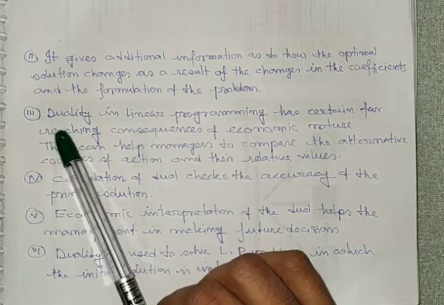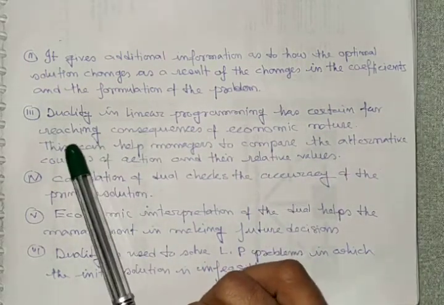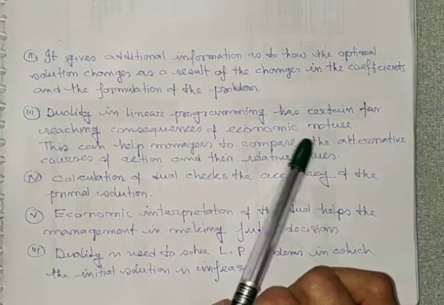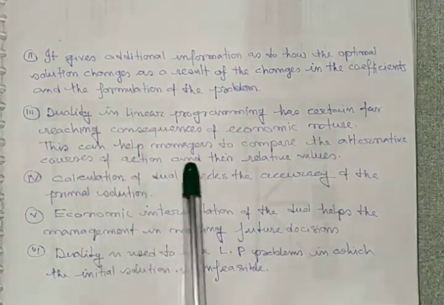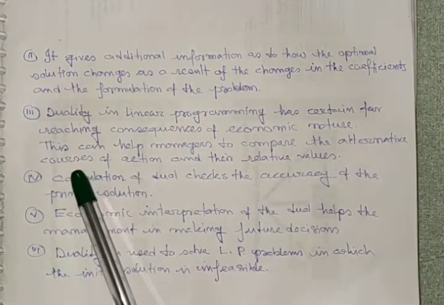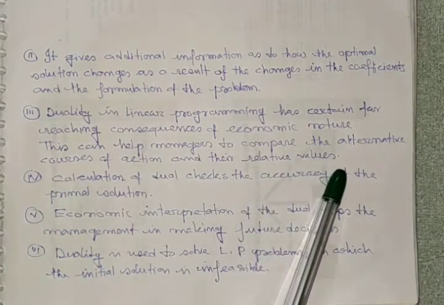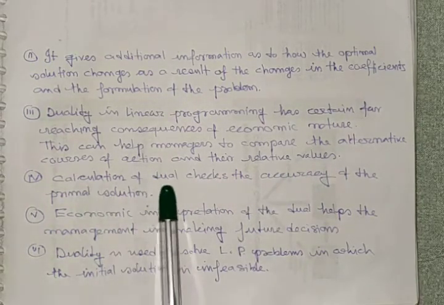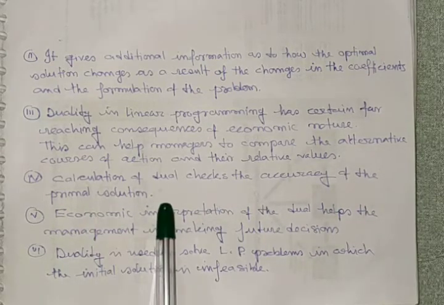Number three, duality in a linear program has certain far-reaching consequences of an economic nature. This can help the manager to compare alternative courses of action and their relative values. Calculation of the dual checks the accuracy of the primal solution.